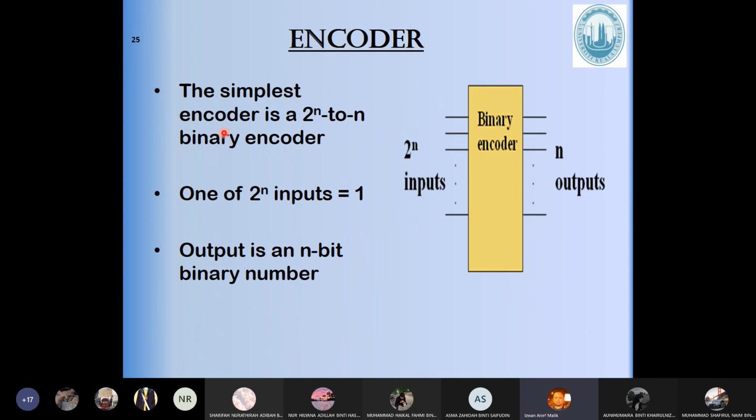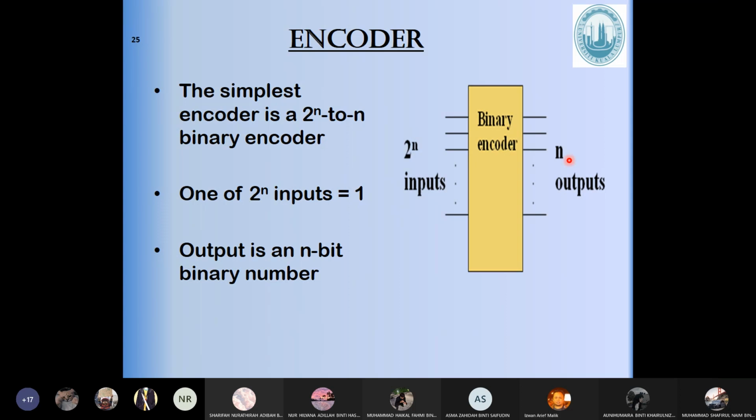So the simplest encoder is a 2 to the power of n to n binary encoder. So 1 of 2 to the power n inputs equivalent to 1. So output is an n bit binary number. Okay, so jumlah input mesti 2 kuasa daripada jumlah output.